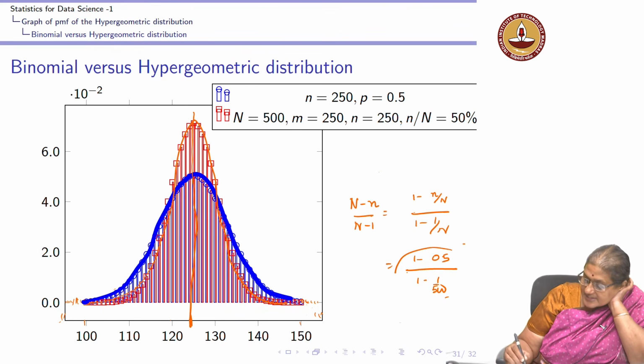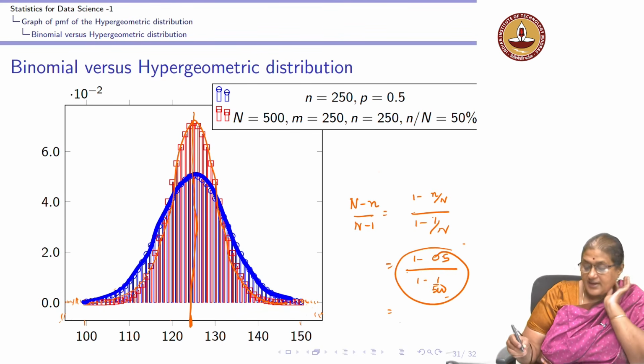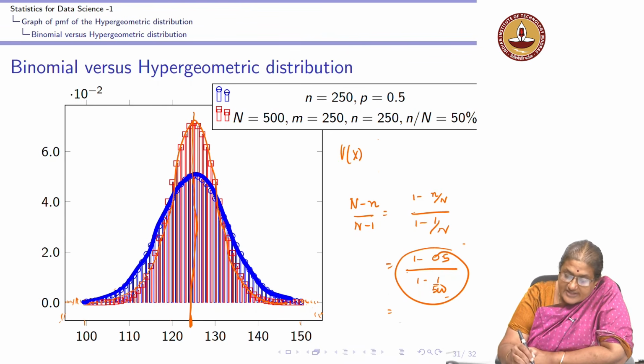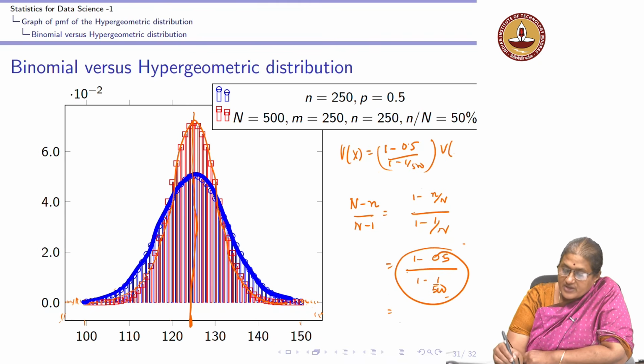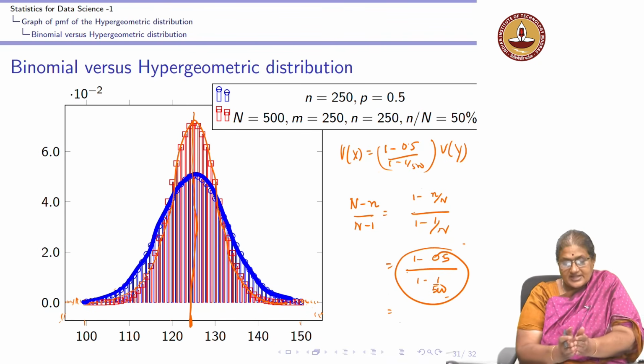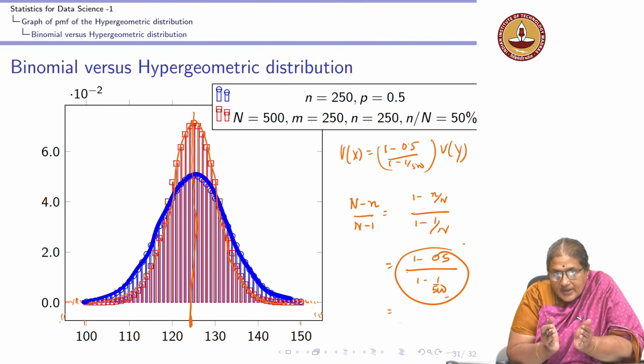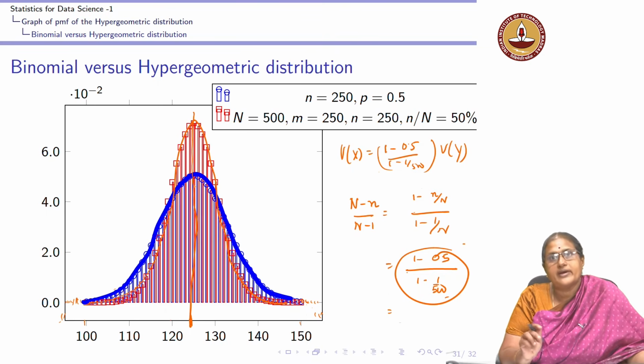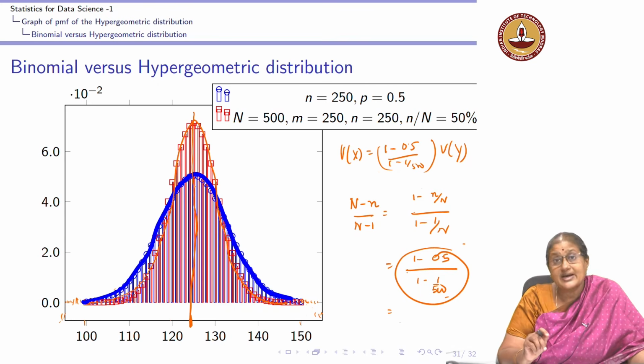You can see that this value is what we are multiplying. So, the variance of X is equal to this factor times the variance of Y. That is why the variance is coming down. The expectation of both the binomial and the hypergeometric remain the same.